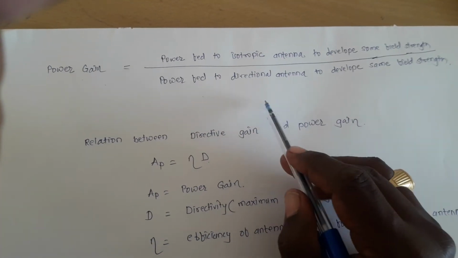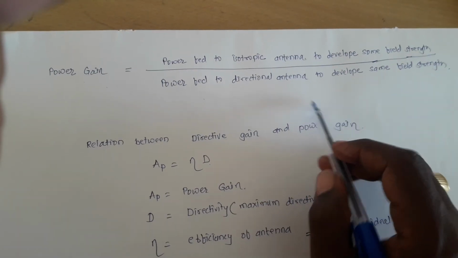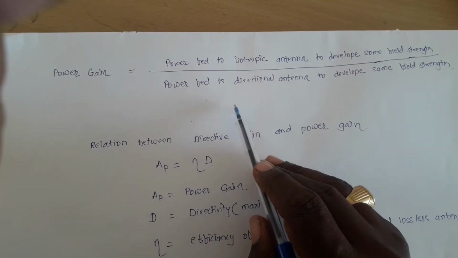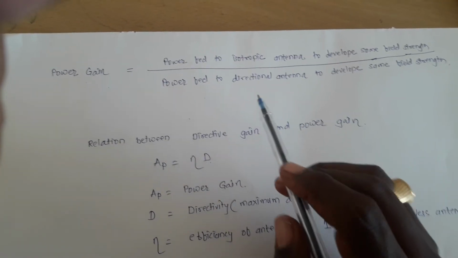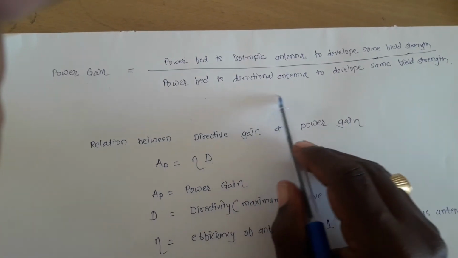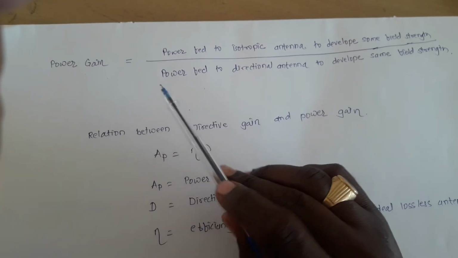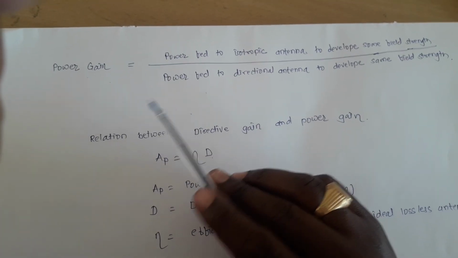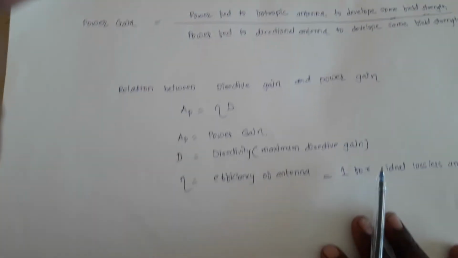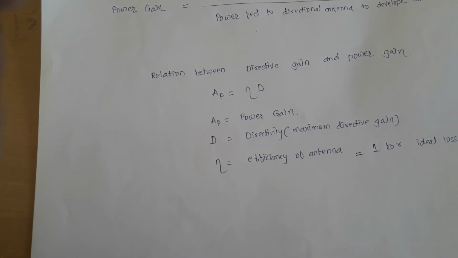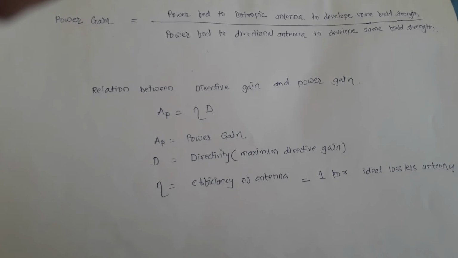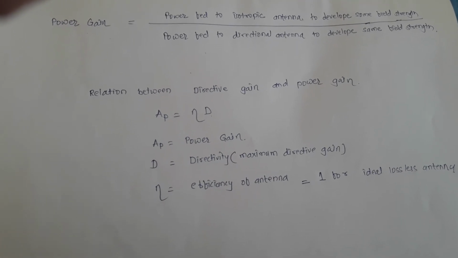So the radiated power decides the directive gain, and the input power given to the antenna decides the power gain.